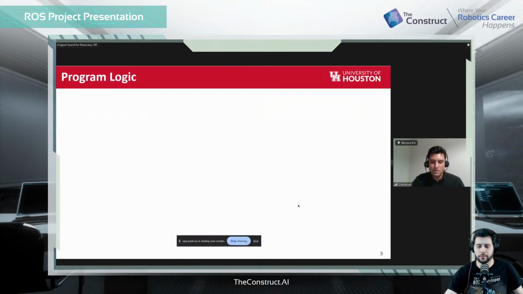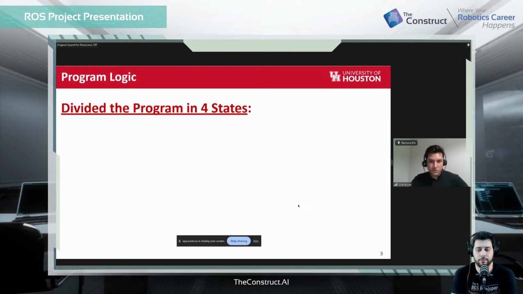So for the program logic, I divided my program into 4 states. State 0 was basically wall finding. Actually, I will present my last project, which incorporates all 3 tasks: the odometry, the wall finding behavior, as well as the wall following behavior. So state 0 is wall finding, in which the robot finds its nearest wall, turns towards it, and moves towards it.